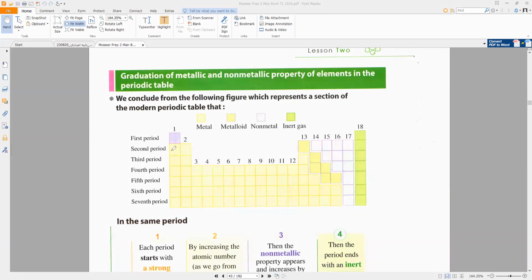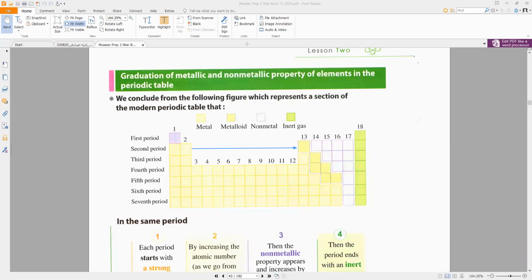In the same period, from left to right, what happened to the atomic number?